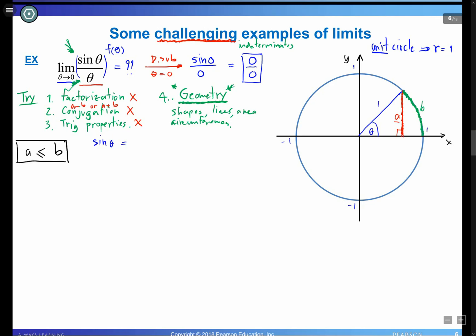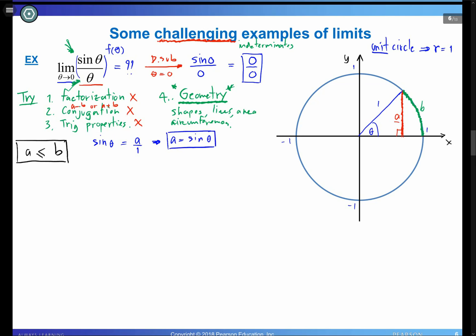So sine theta would be equal to a over 1, and with this, we know right away that we have this relation between them. A equal to sine theta. Let's keep this. A equal to sine theta. We are going to use this later.